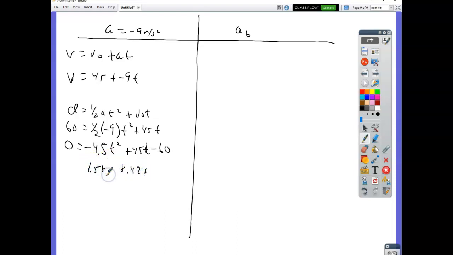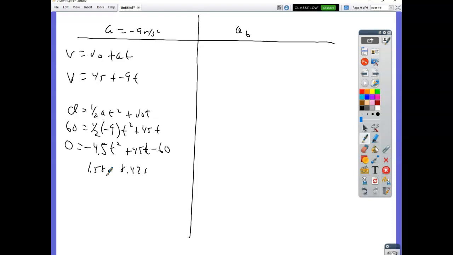We got a problem, though. How can I have two positive answers? Mr. Kerrigan. In this case, I'm not sure. Fair enough. So the equation says as long as you have v equals v naught plus at, as long as your acceleration is -9, this equation is going to work.